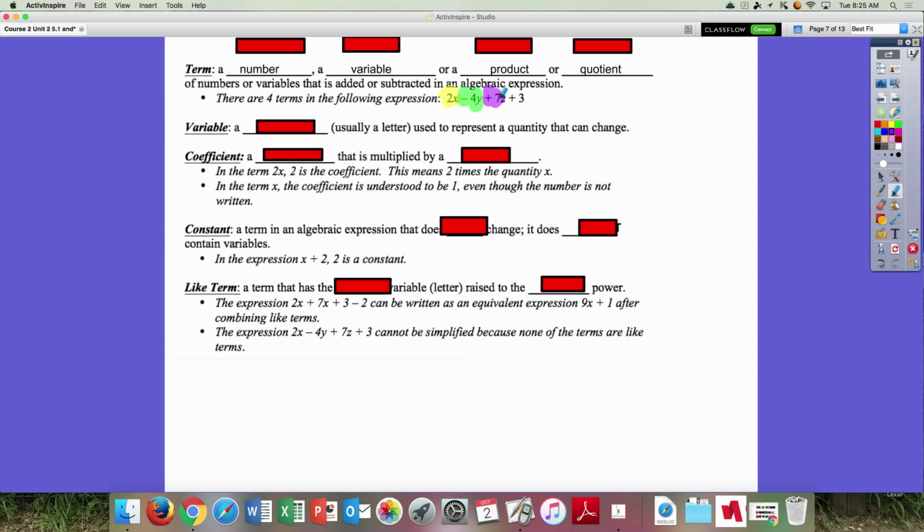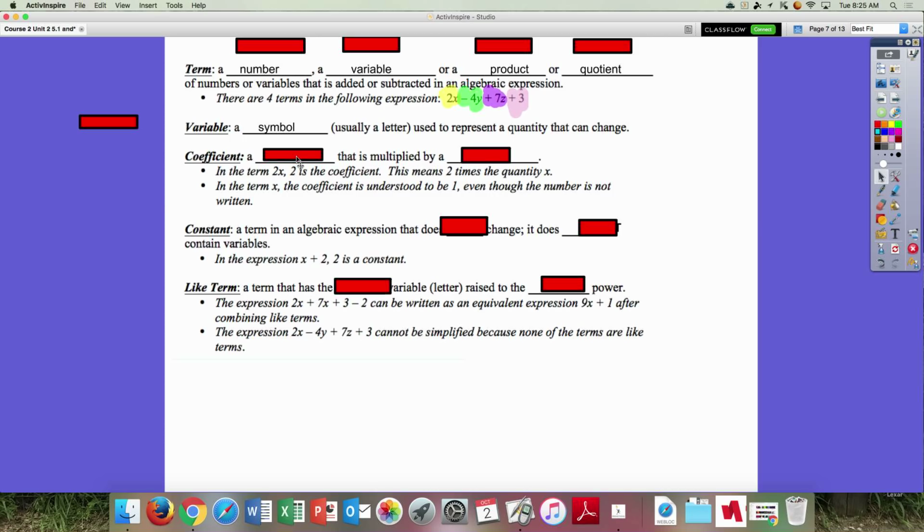You have 7z, and you have 3. Each of those are its own separate term. So I always tell students, think of it as whenever you see a plus sign or a minus sign, that's when it's a new term. Okay? A variable, as you know, is typically a letter, so we're going to call it a symbol, right? We could say x, we could say y, we could say z. There's a ton of other symbols that we could use.